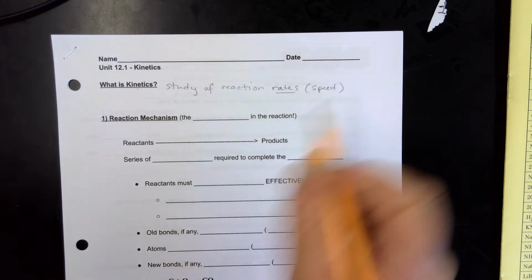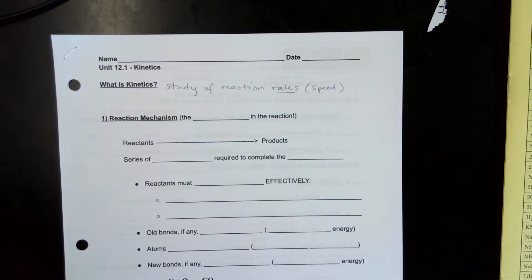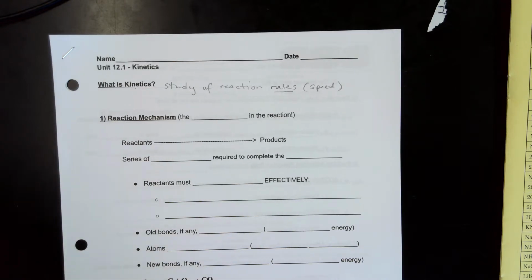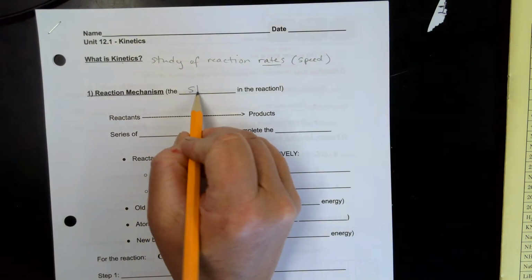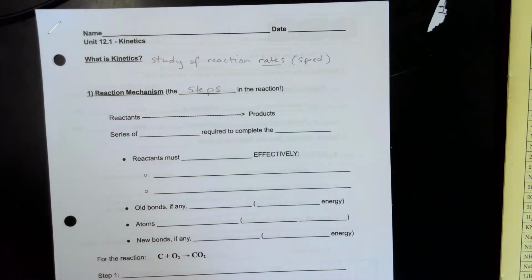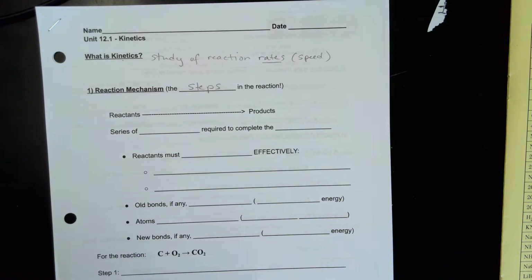Right, so the faster it goes, the less time it takes, and the slower the reaction goes, the more time it takes. There's something called the reaction mechanism, which is effectively the steps in a chemical reaction. When you see a chemical equation, it makes it look like everything just happens so nice and neatly.